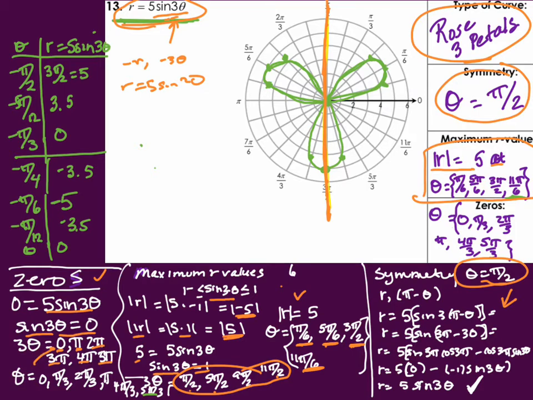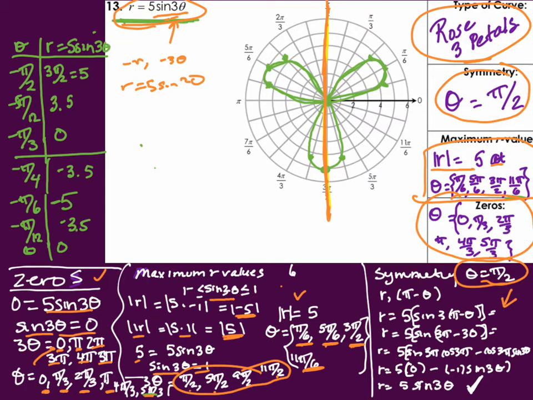Dividing each of those by 3, I get 0, pi/3, 2 pi/3, pi, 4 pi/3, and 5 pi/3. So there are my zeros. Okay, so I've got everything I need to graph this.